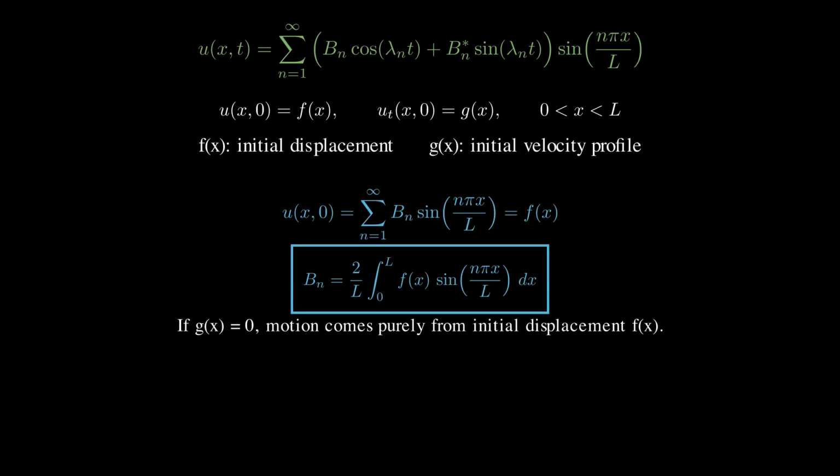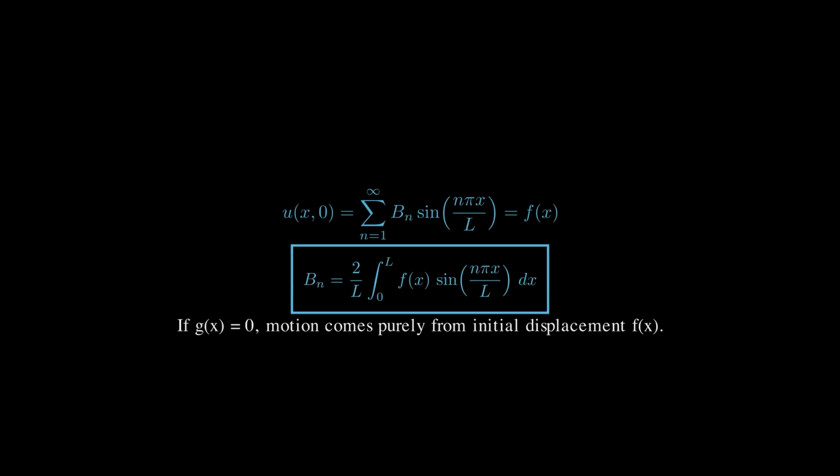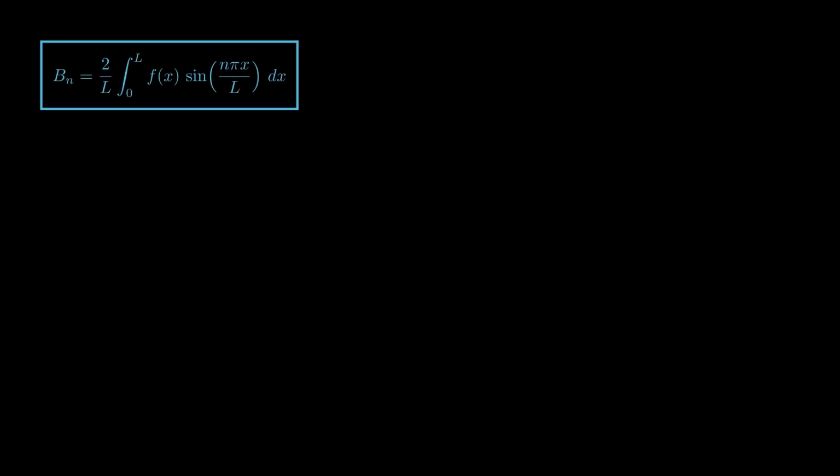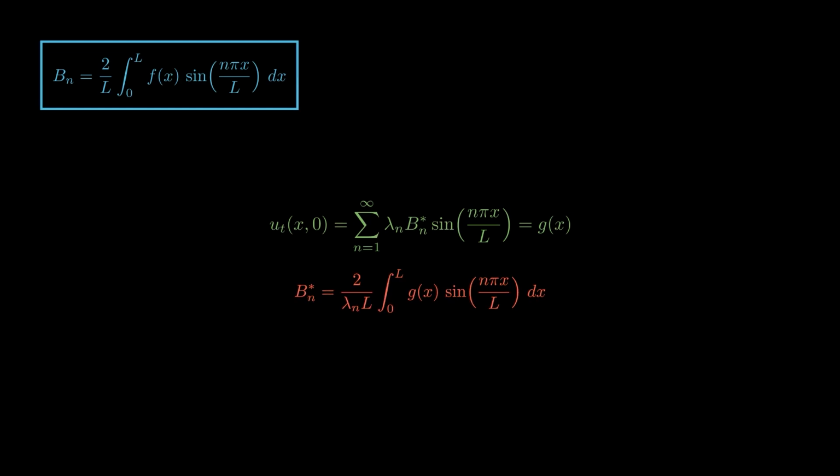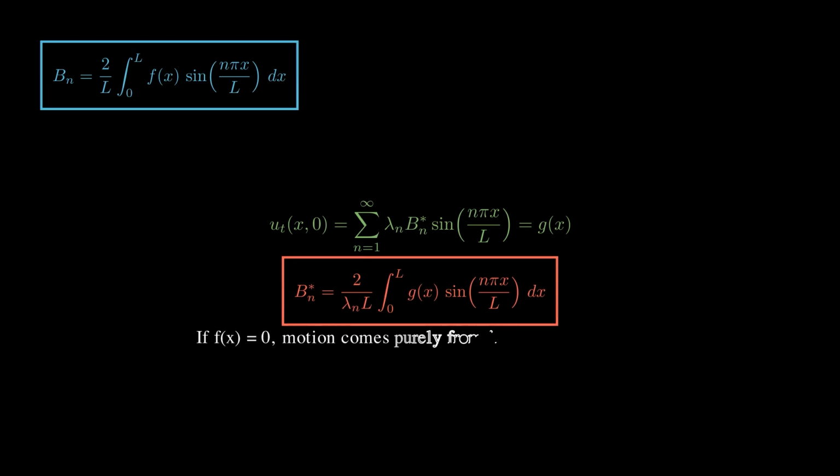You can see it there on the screen. In a similar case, we can figure out the bn star term, given that we have an initial velocity and not an initial displacement. Through Fourier series, slightly different, we get our constant bn star, which is a motion from purely initial velocity.